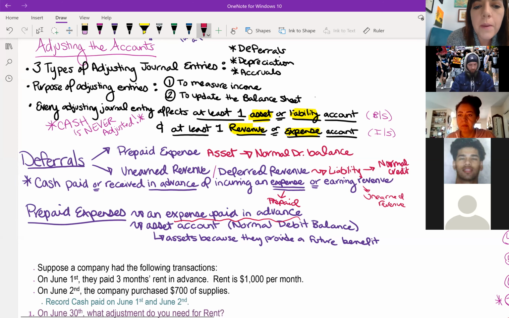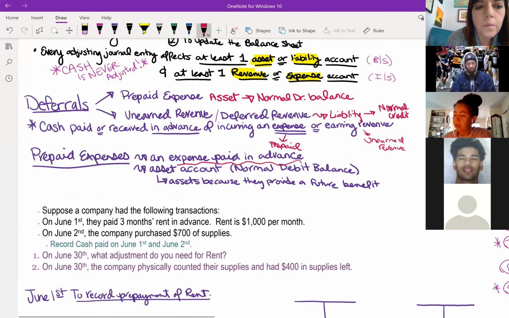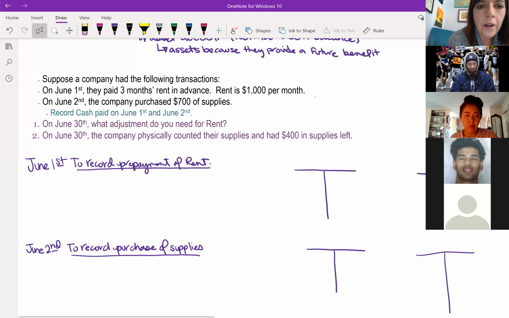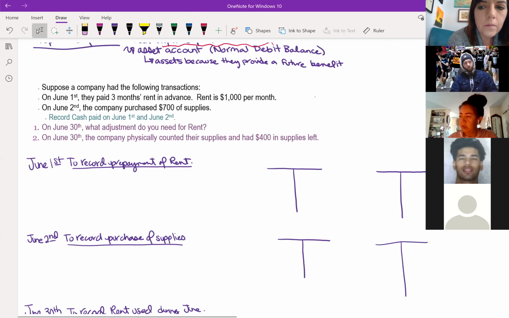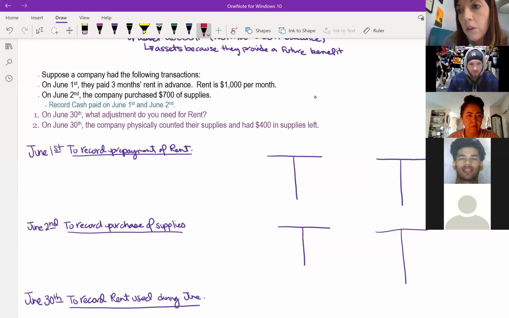So we're going to look at prepaids first. And we're going to do 2 right now. Suppose a company had the following transactions. On June 1st, they paid 3 months worth of rent in advance. Rent is $1,000 per month. So we're going to record this journal entry.